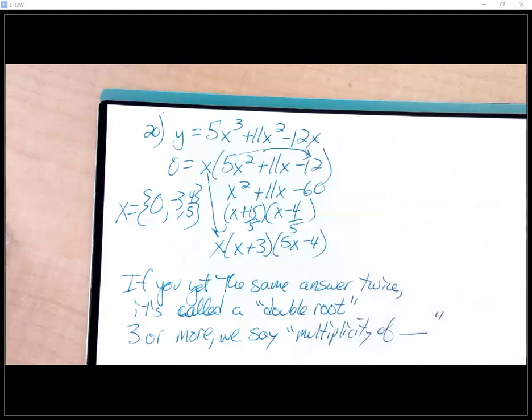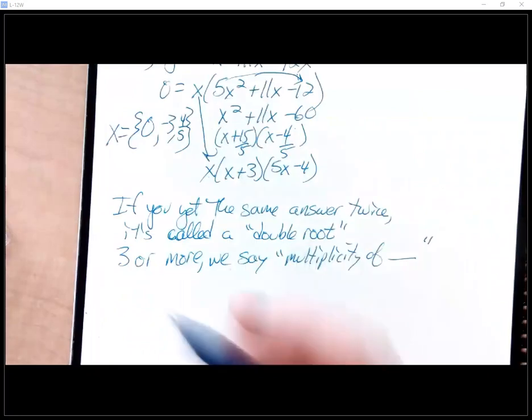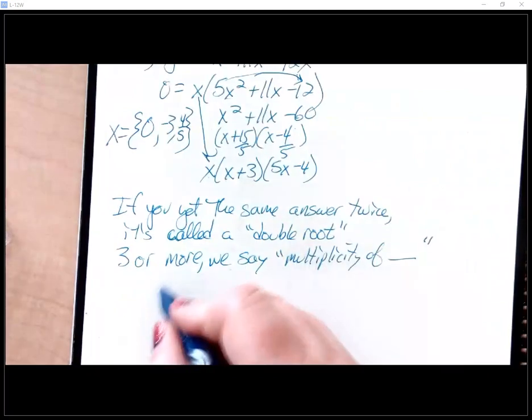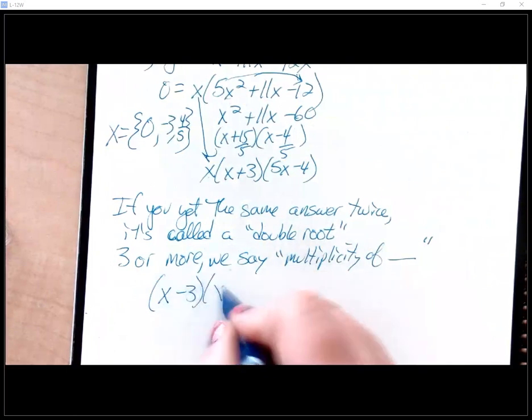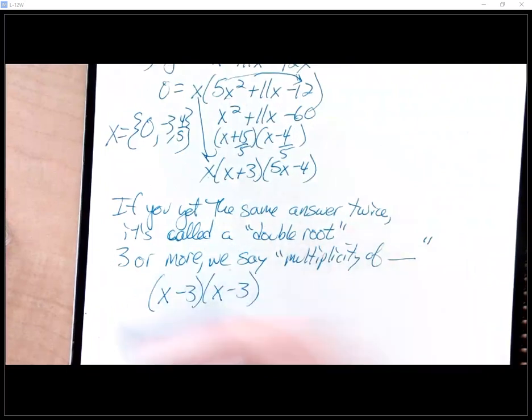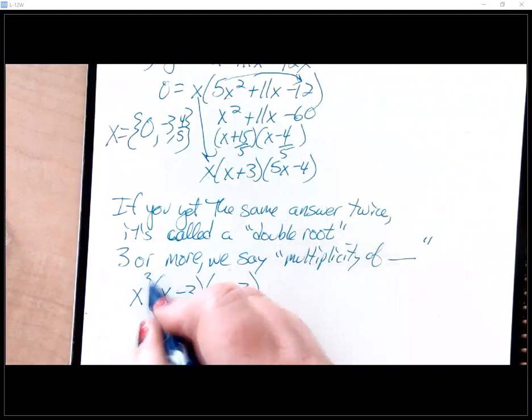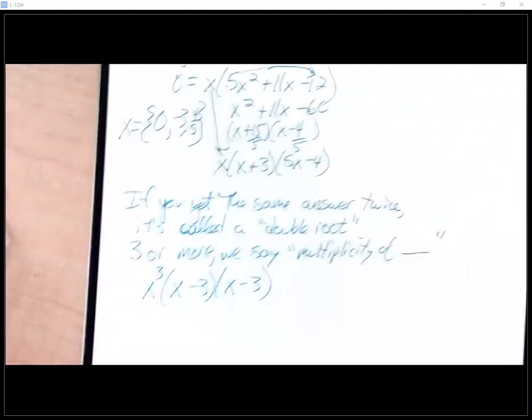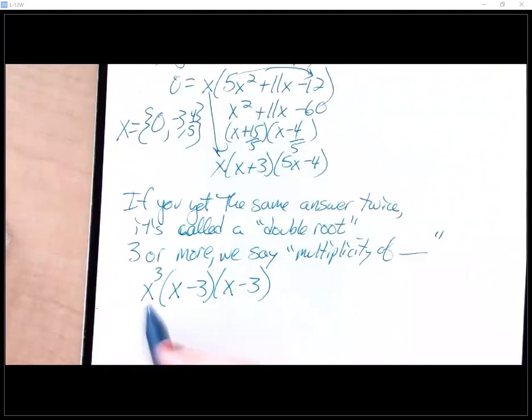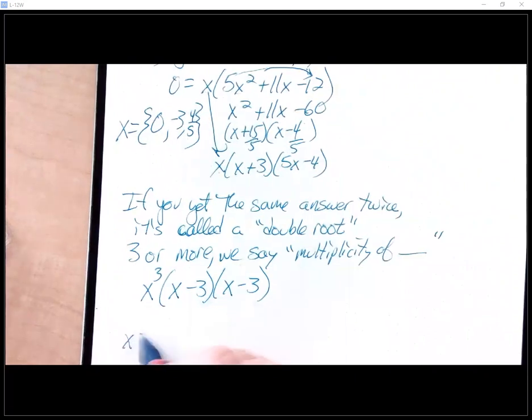So for example, let's just pretend that my factors were x minus 3, x minus 3. Oh, let's pop an x cubed there. Let's say I do all my factoring and these are my answers, right? So check this out. Having an x cubed, what is the answer that comes from that?